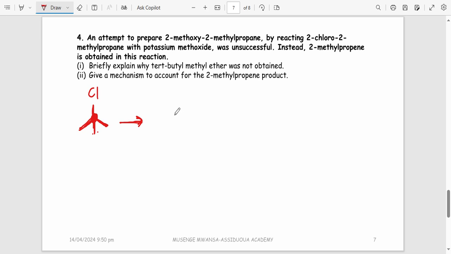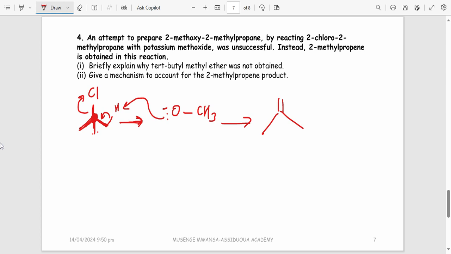For this one, we can as well take it by the E2 mechanism, where we are going to grab a hydrogen that is one carbon away from the carbon carrying the leaving group, and then this bond will break, and this bond will also break, and we end up forming our product. Is that okay?